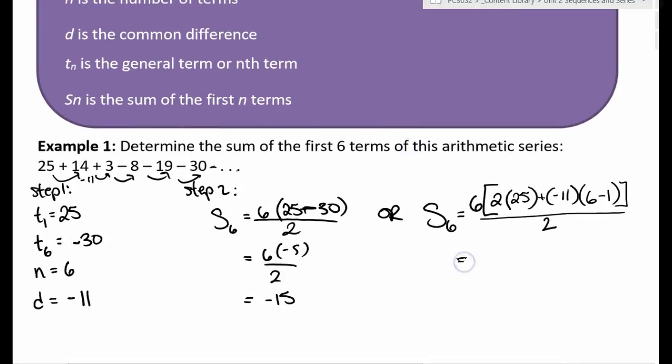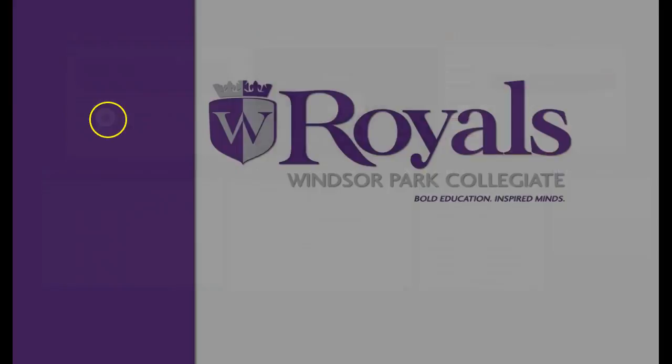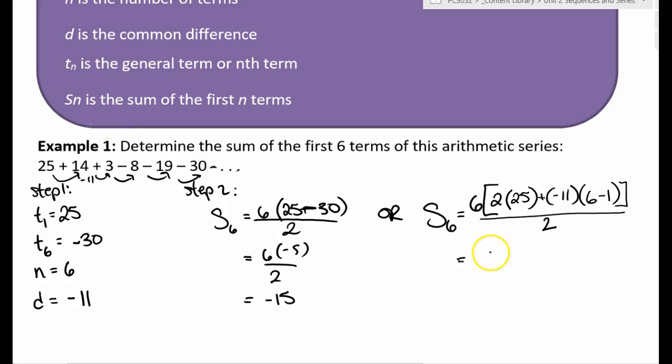So here again, we follow our order of operations. So we've got 6 brackets 50 plus -11 times 5, so that's actually going to be -55, all divided by 2. Well, that's going to be -15, so we actually do end up with the same answer.